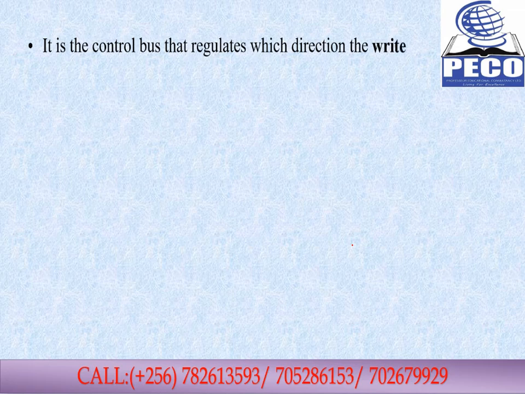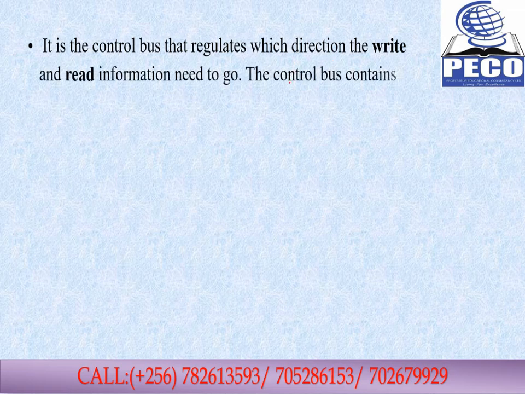Now, it is the control bus that regulates which direction the write and read information needs to go, because there might be several directions. The write may be writing on memory, on a hard disk, on registers, and so on.